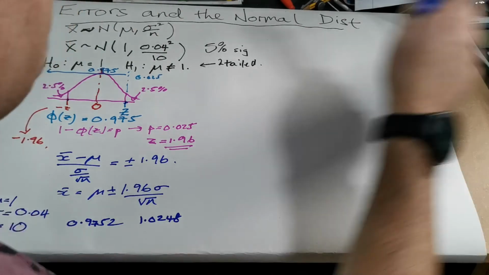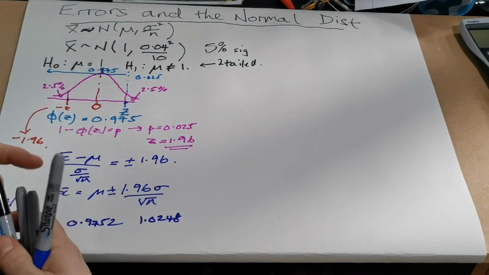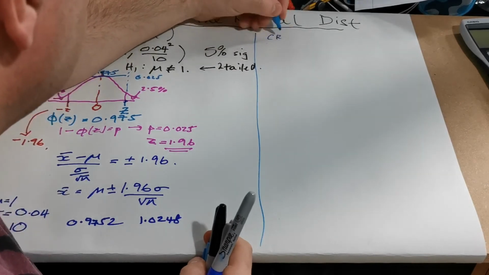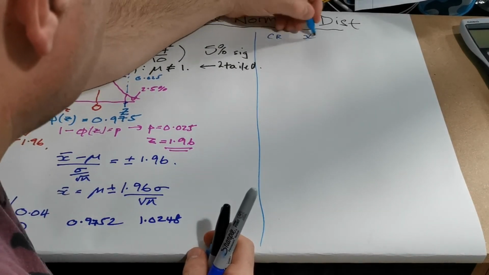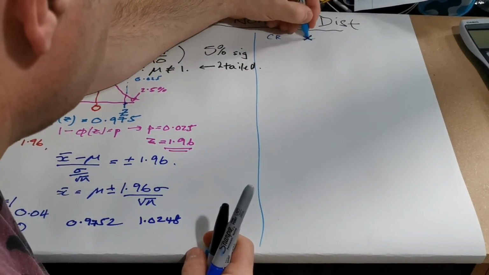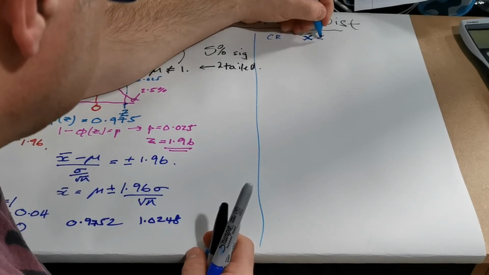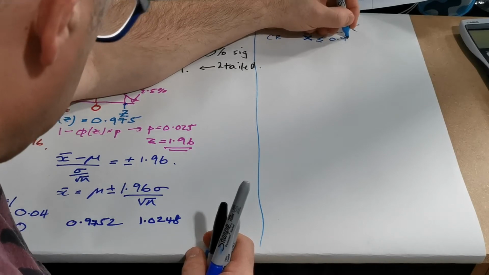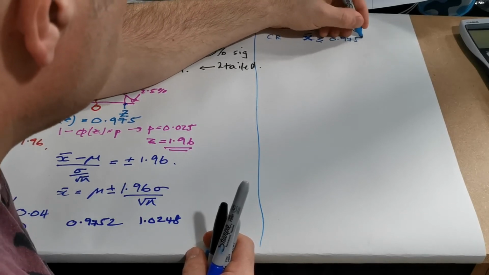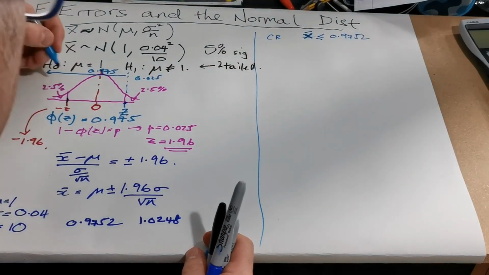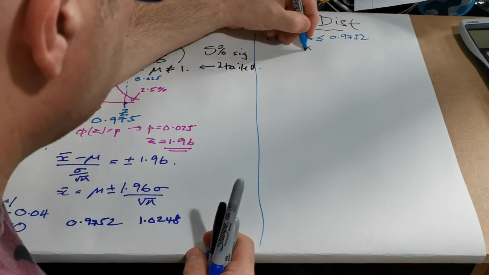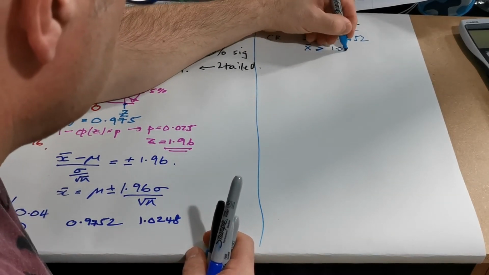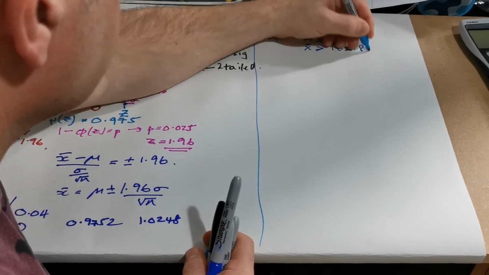So what I've got then is my critical region is that x bar is less than or equal to 0.9752, that's this point here, and x bar is greater than or equal to 1.0248.